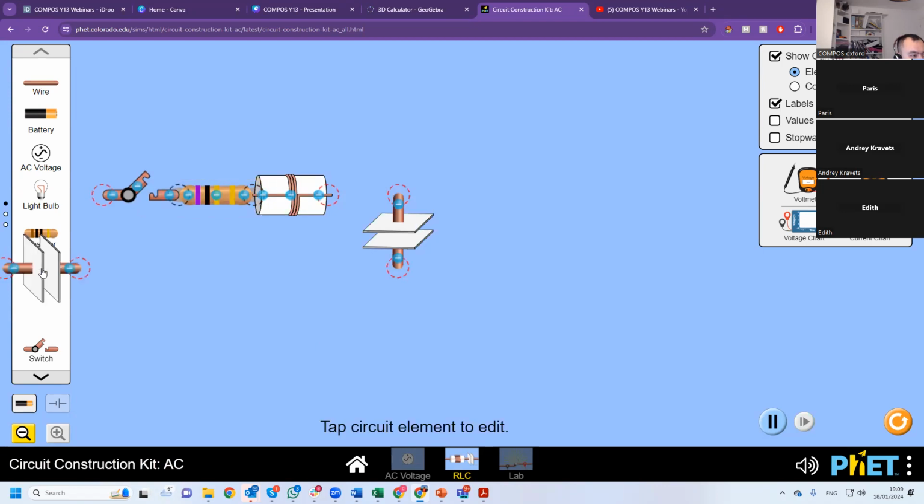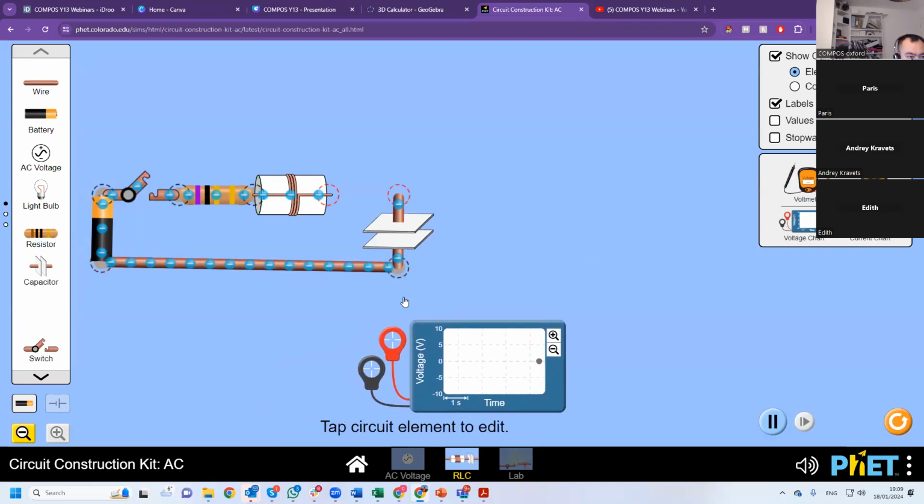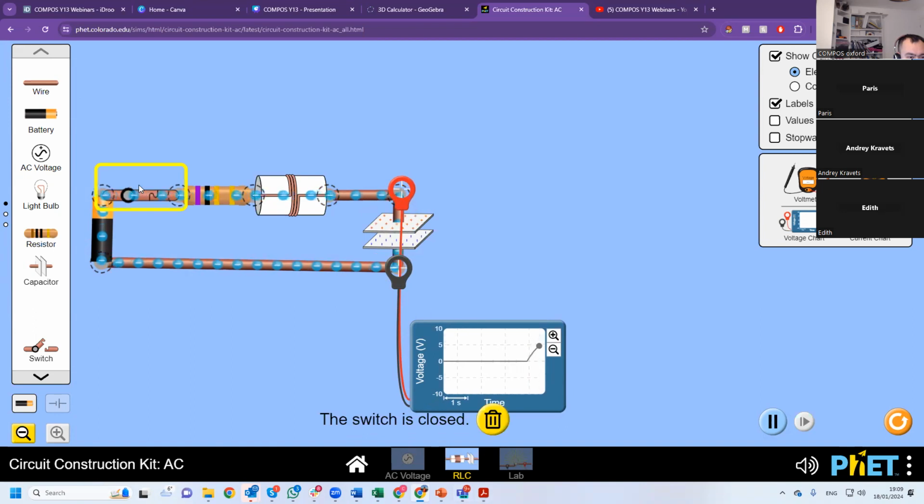And if you have a battery, you take the voltage chart and a wire. Let's see. As you can see, the capacitor charges not instantly.